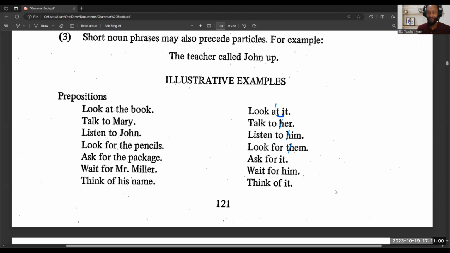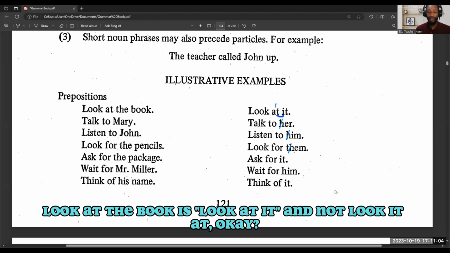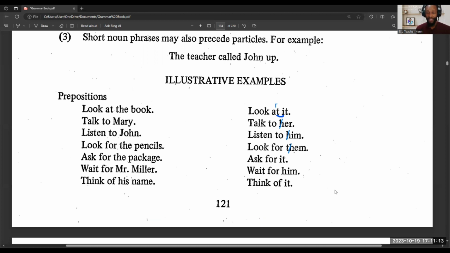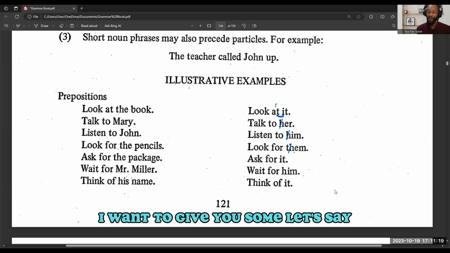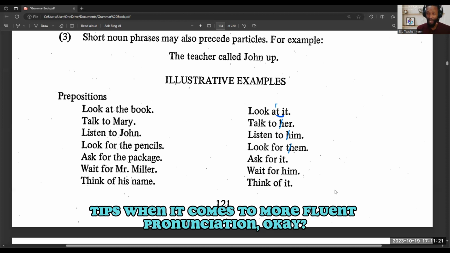For example, look at the book is look at it and not look it at. Now, before we read these illustrative examples, I want to give you some tips when it comes to more fluent pronunciation.